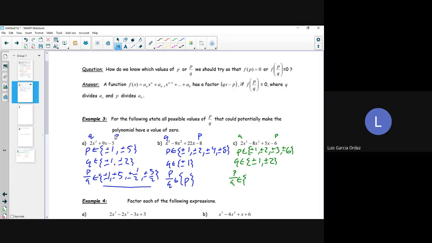So what does p over q give us? All of p plus what else? 1/2, 3/2. And 1/2, right?